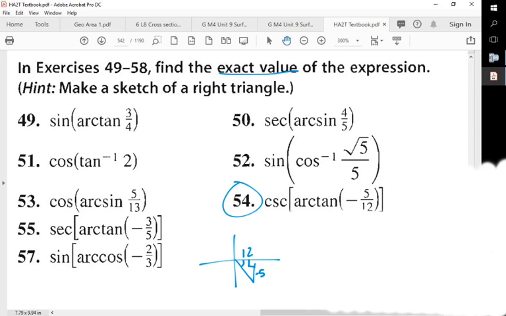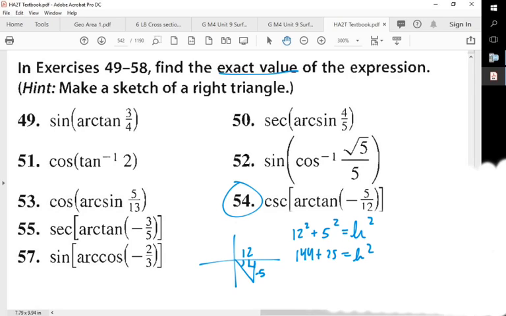Now, how can we find such an answer when we're clearly not in a unit circle? What is the length of this hypotenuse for this triangle? Let's do some math to figure it out. My friend Pythagoras is going to help us on this one. All right. So we got 144 plus 25 equals h squared.